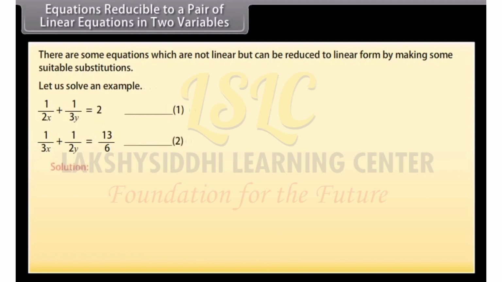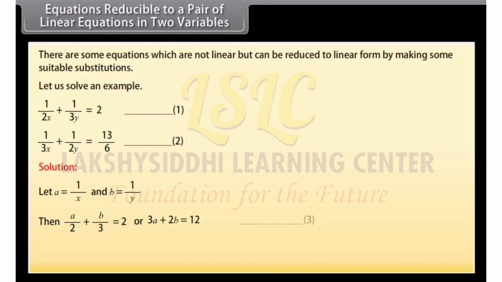Solution. Let a equals 1 upon x and b equals 1 upon y. Then a upon 2 plus b upon 3 equals 2, or 3a plus 2b is equal to 12, equation 3. And a upon 3 plus b upon 2 equals 13 upon 6, or 2a plus 3b is equal to 13, equation 4.